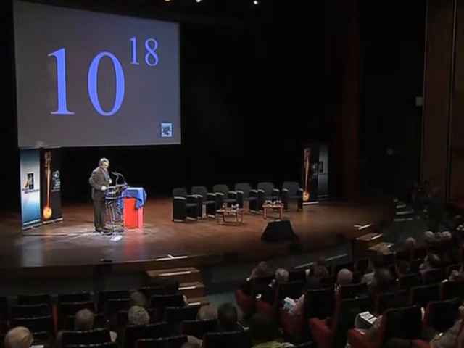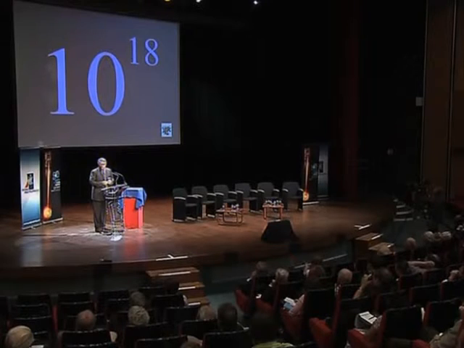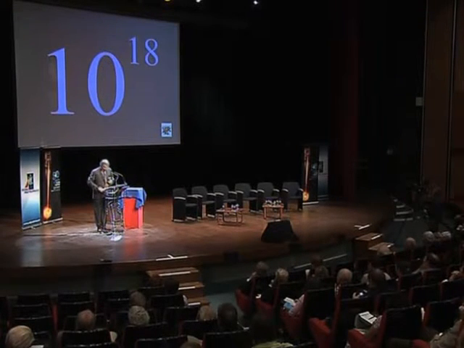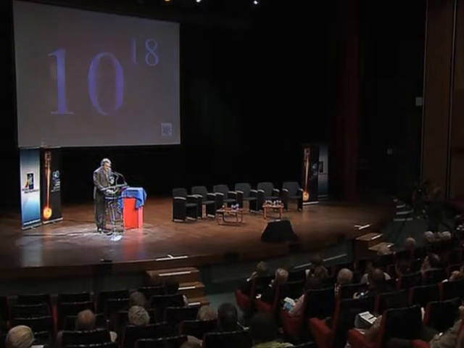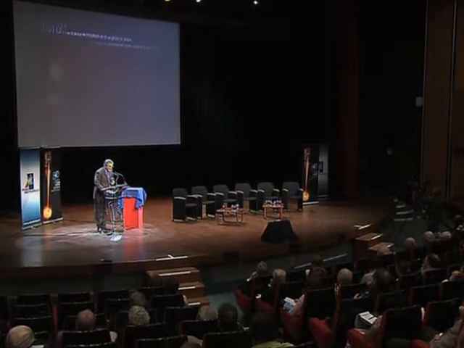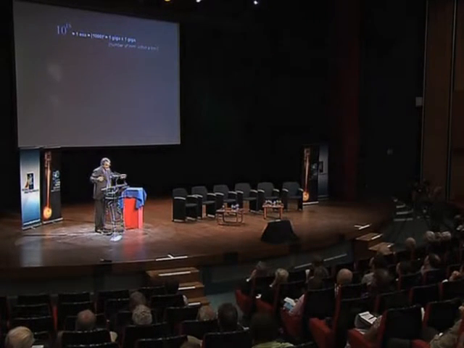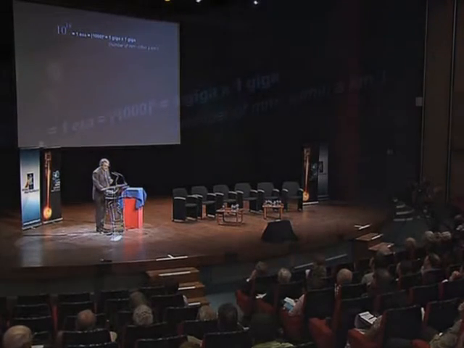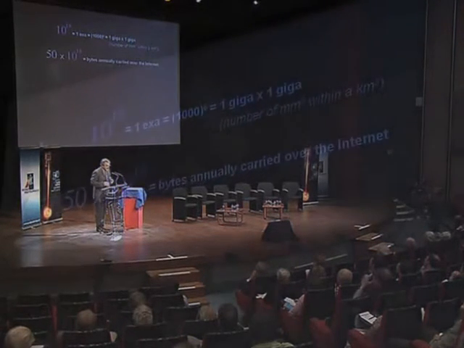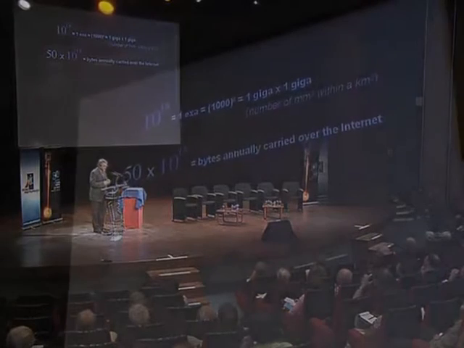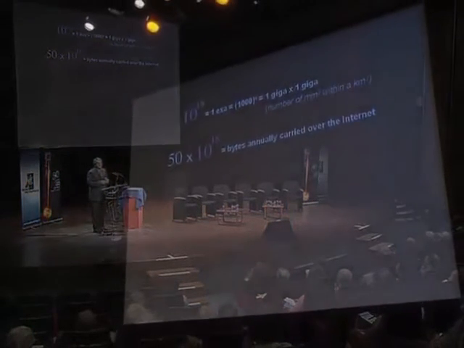This is the number of attoseconds you have in 1 second. Nothing really impressive. That's an exa. But an exa is also the number of cubic millimeters in a cubic kilometer. That's 6 more than a heap of sand. That's a giga. 50 times that exa is the number of bytes that are annually carried over the internet.